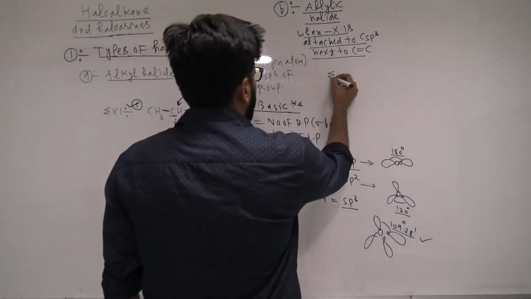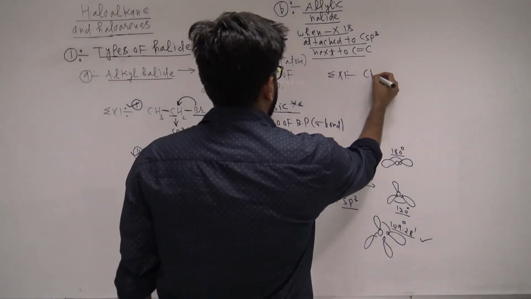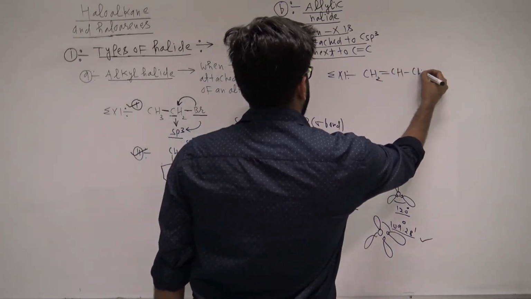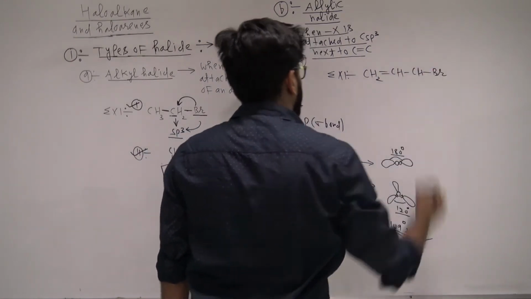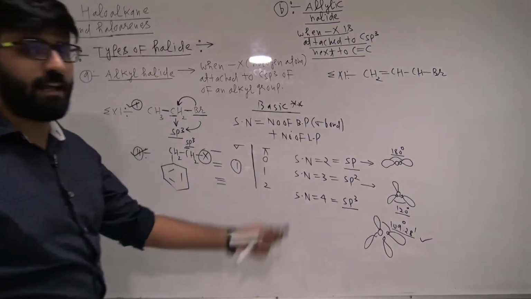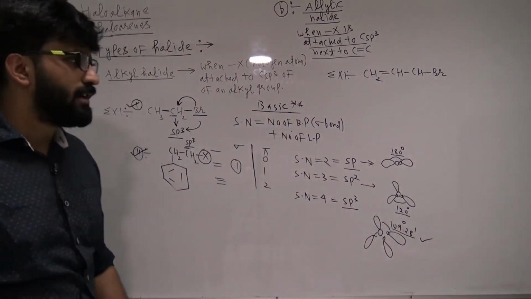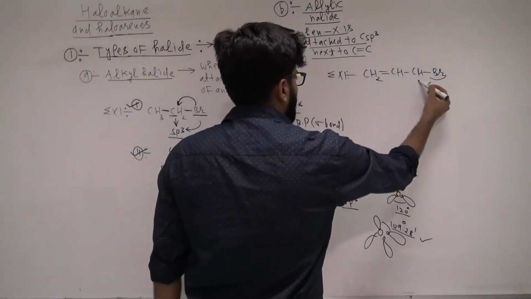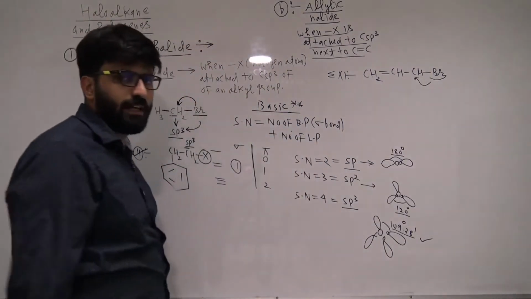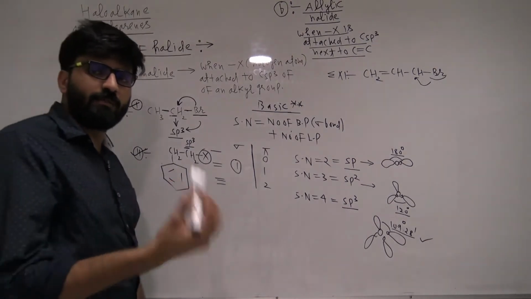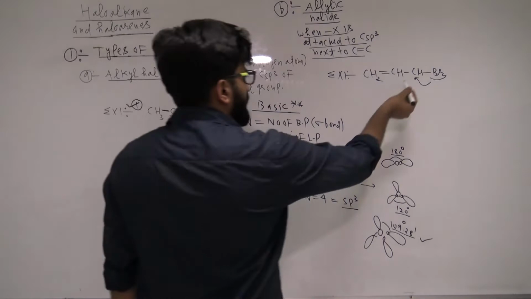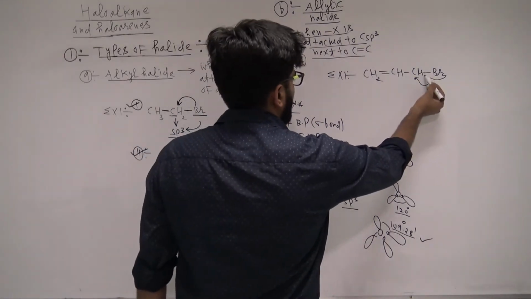Example, if I take one, it will be more clear to you: CH2 double bond CH, CH2 and Br, right? Suppose I ask what kind of halide it is. You see this is your halogen, and this halogen is attached to this particular carbon. Now you can check the hybridization.